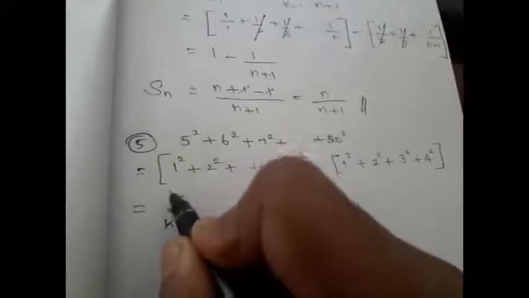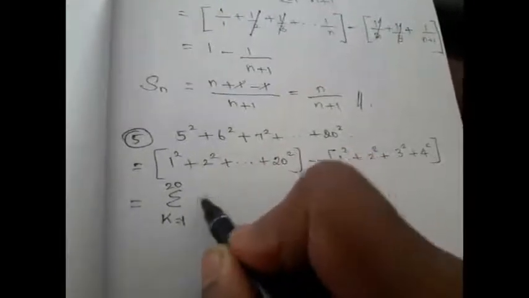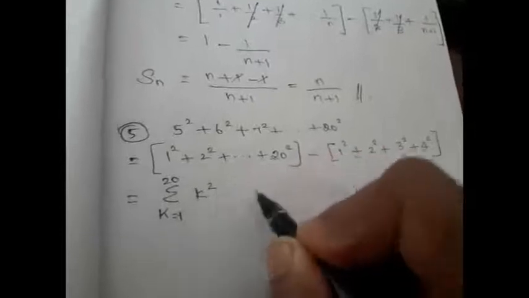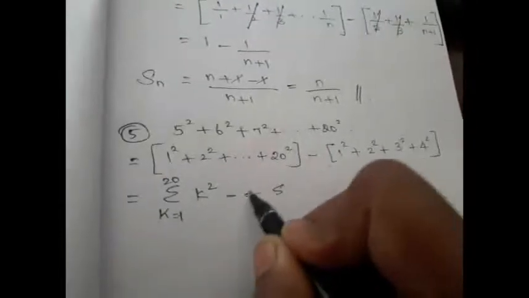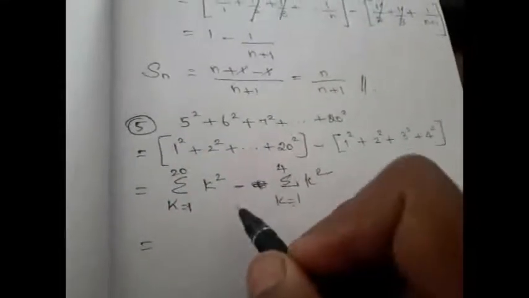Yes or no? So this can be written as summation k equals 1 to 20, k square, minus summation k equals 1 to 4, k square. Alright. What is the formula for summation n square?